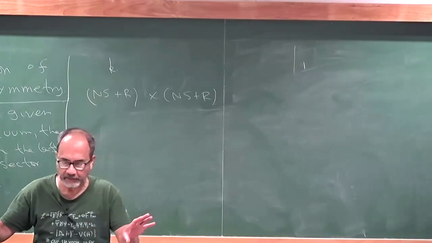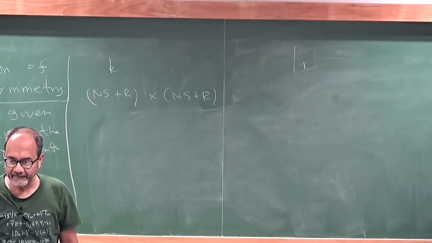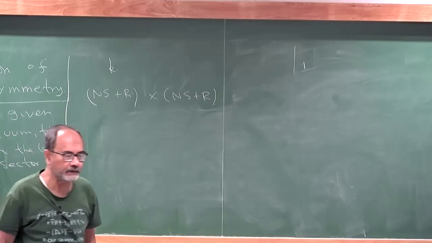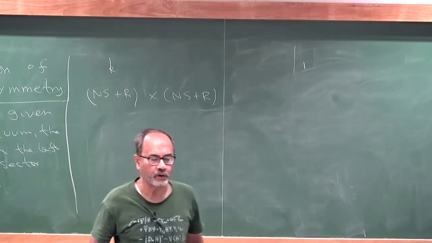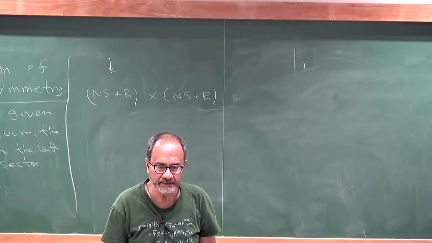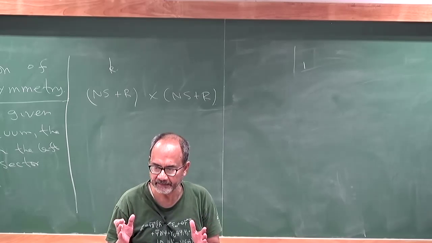So they are independent conditions. For any given K, the physical state conditions are also independent. This means that for any given K, you can construct first the physical state spectrum on the left, the physical state spectrum on the right, and then combine them together.